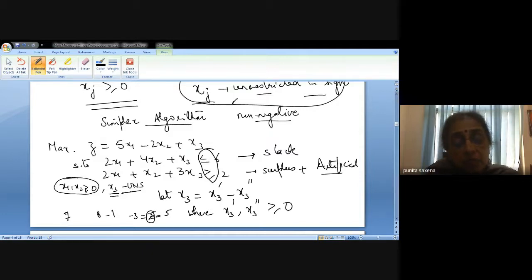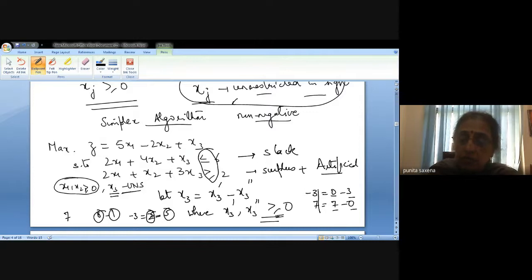That means both the entries here are non-negative. In fact, minus 3 I can also write as 0 minus 3. Are you getting it? 7 I can also write as 7 minus 0. So every number can be expressed as a difference of two non-negative numbers.